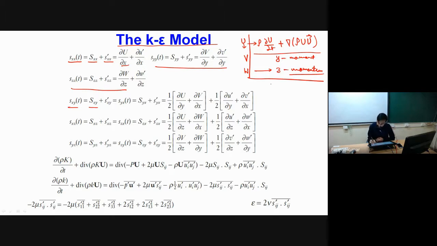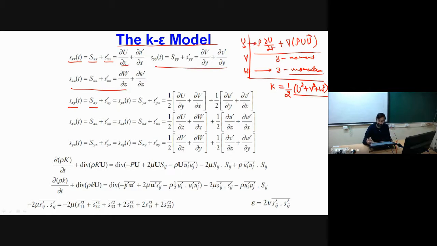The overall definition of kinetic energy per unit mass is half of u square plus v square plus w square, because u, v, w are the three components of the velocity. So we multiply these equations with capital U, V, W, and then take the sum of all three equations.